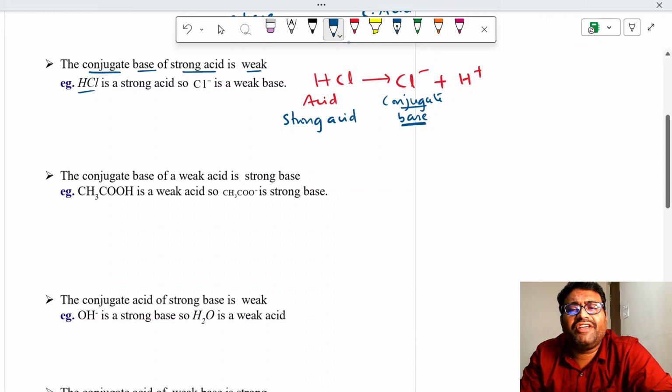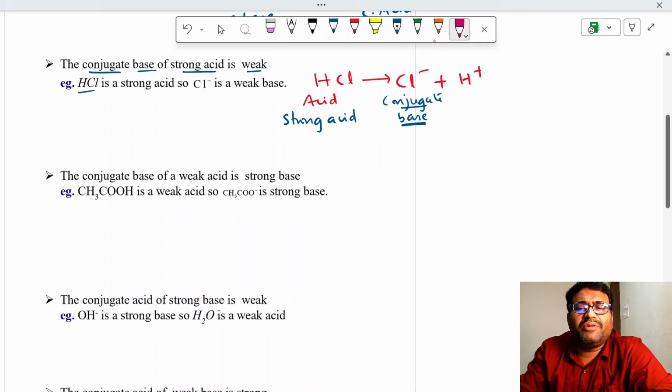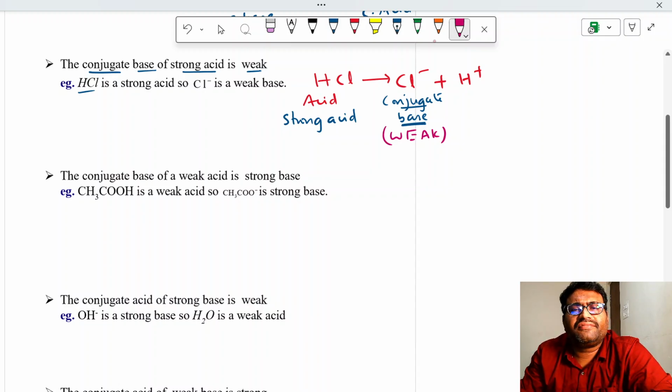Whether it is strong or weak? It does not have a tendency to take the proton, so it will automatically be weak. Okay. So always remember that if an acid is strong, then its conjugate base will be weak.